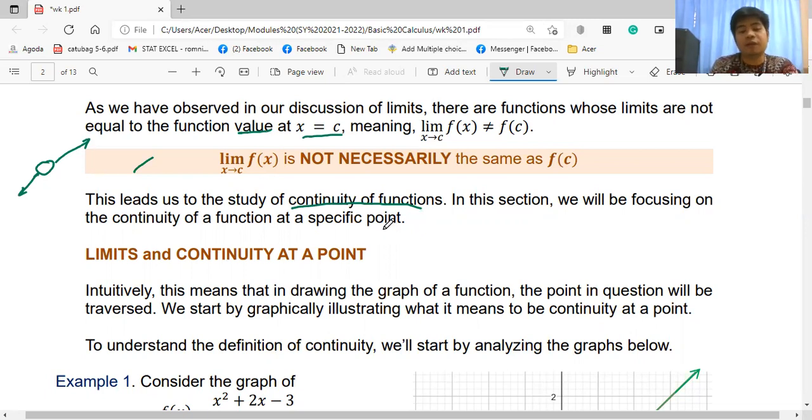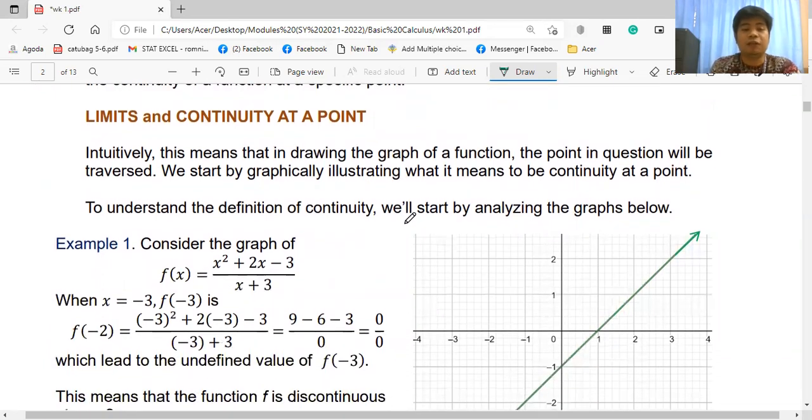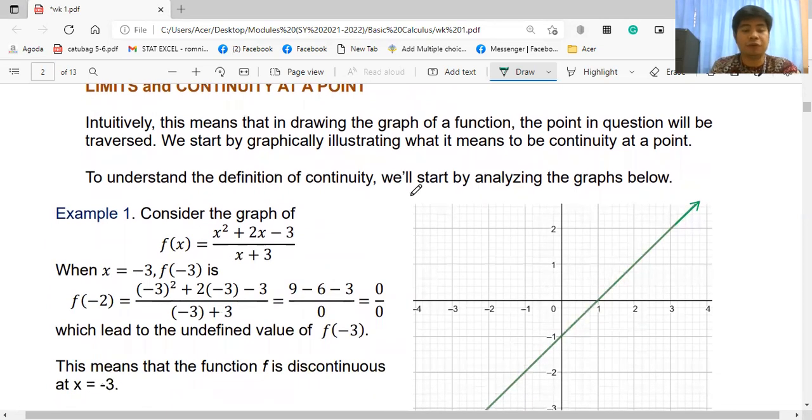So from the continuity of functions, we'll talk about differentiability of the functions, and we'll get more of them as we go through. Now, the limits and continuity at a point means that you are going to determine the particular value of x that will make the function undefined. So you're also going to recall the rule of domain.